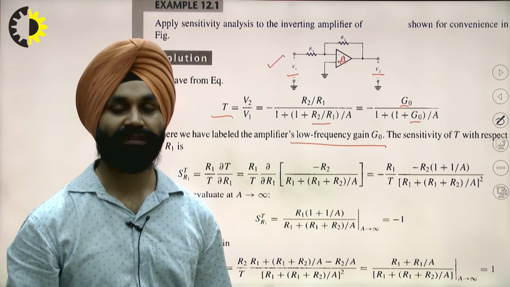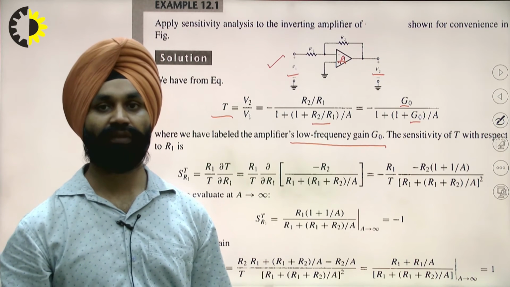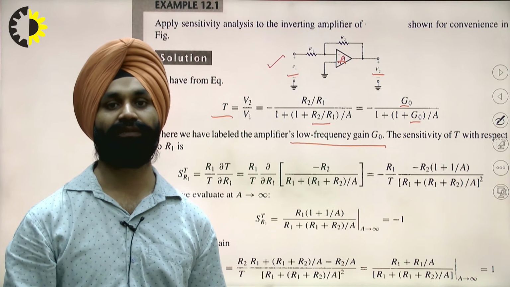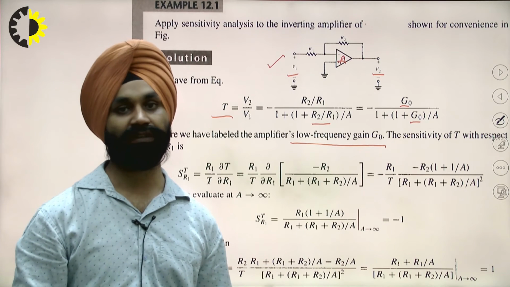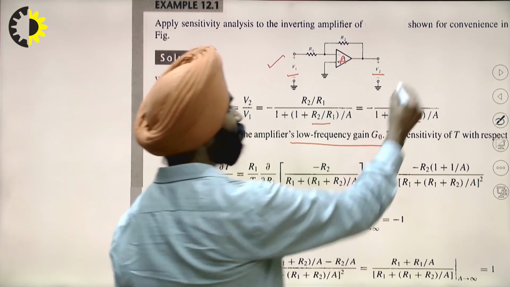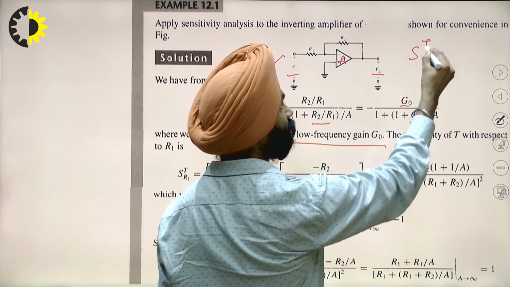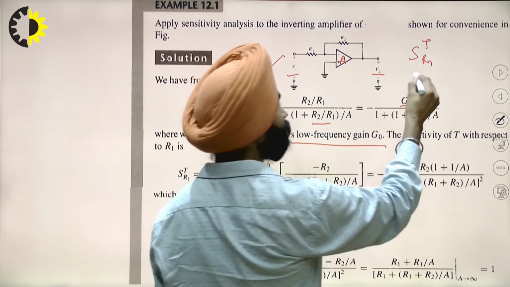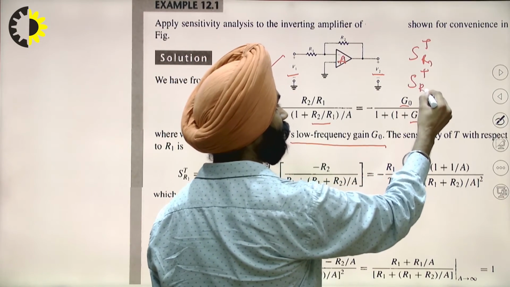Now, this transfer function can vary with the variation in resistance R1 as well as with the variation in resistance R2. So we have to find out the sensitivity of the transfer function with respect to R1 as well as the sensitivity of the transfer function with R2.